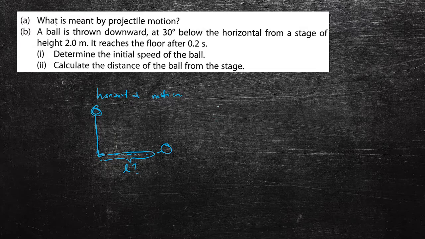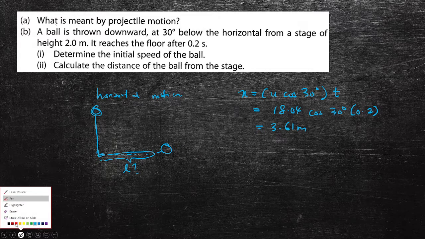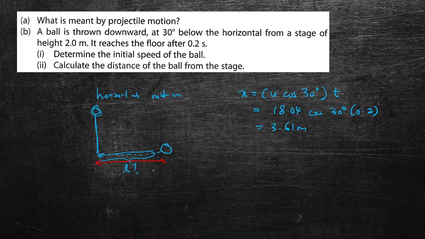By horizontal motion we have x equals u cos 30 degrees times t. In the horizontal motion there is no acceleration, so x equals ut, which equals 18.04 cos 30 degrees times 0.2, so you have 3.61 meter in the horizontal. It means that this point from end to end is 3.61 meter.